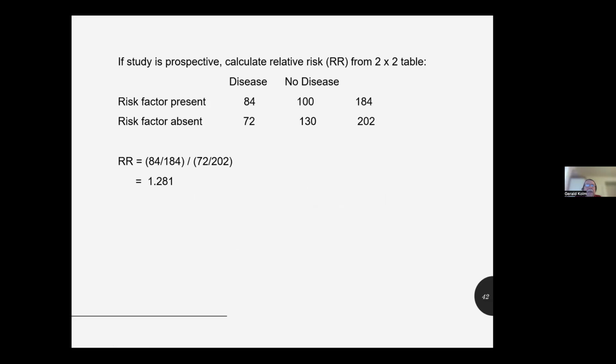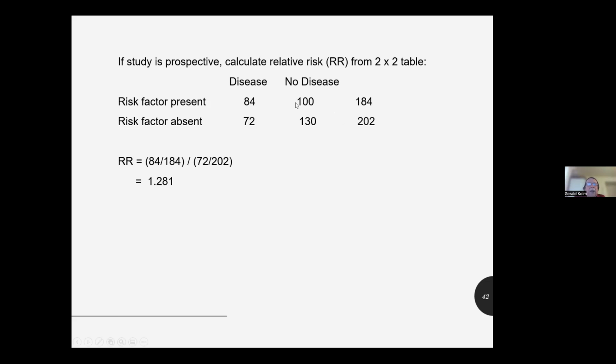Okay, and just to finish up here. If the study is prospective, then we can calculate what's called relative risk from the 2x2 table. That's basically looking at the probability of disease with the risk factor versus the risk factor being absent.